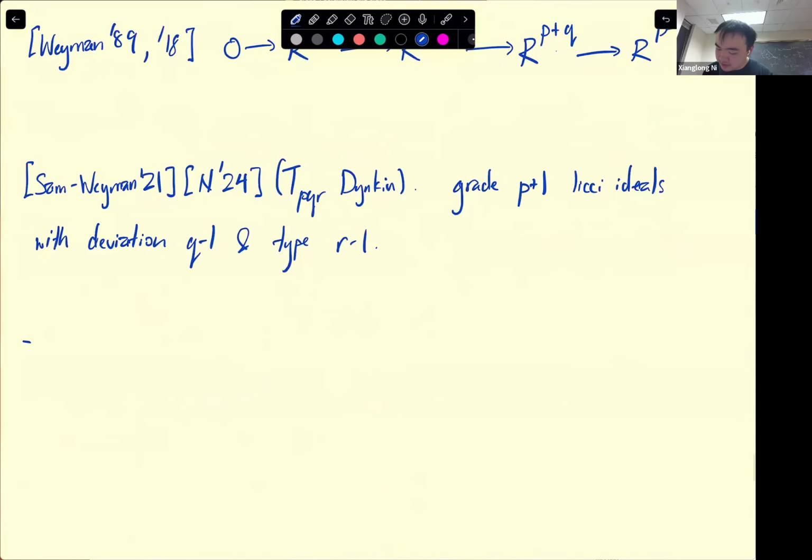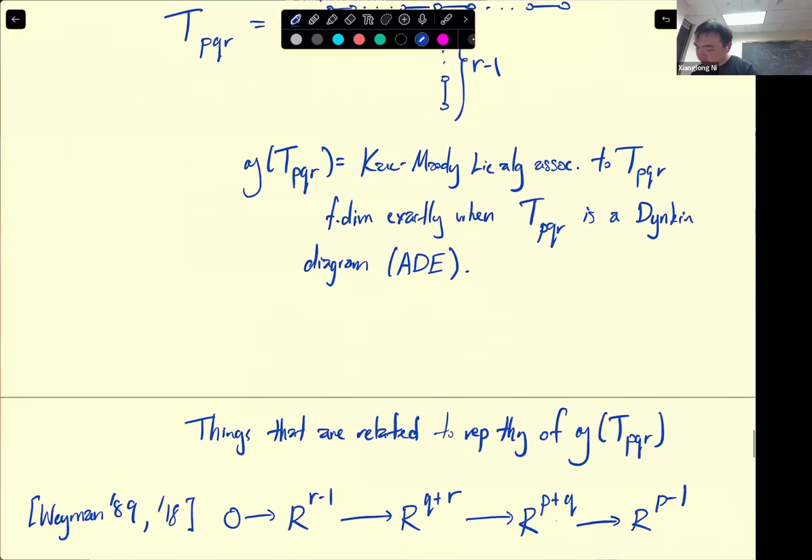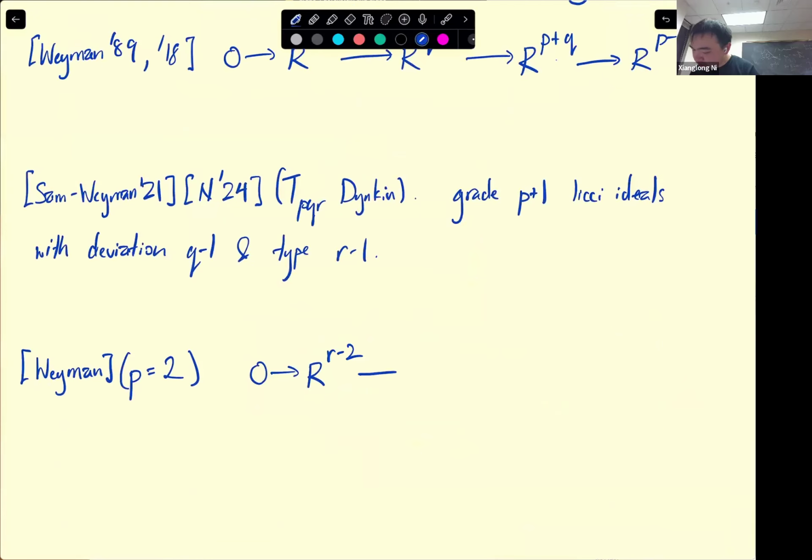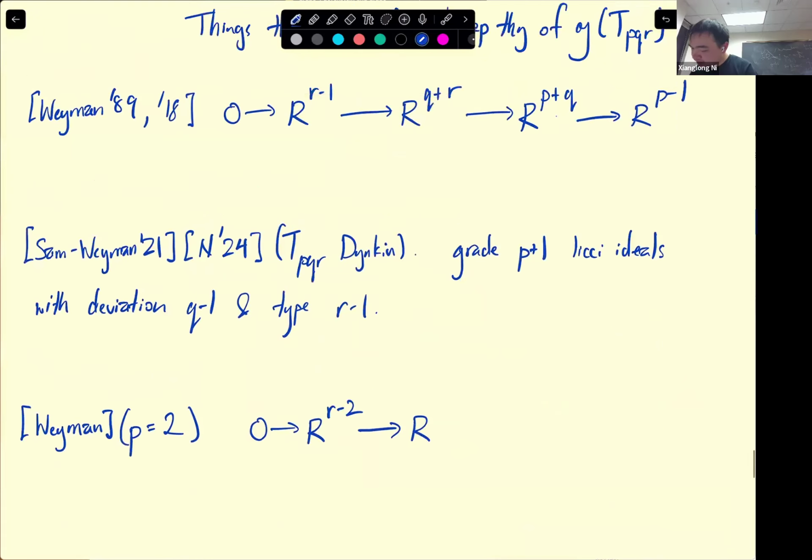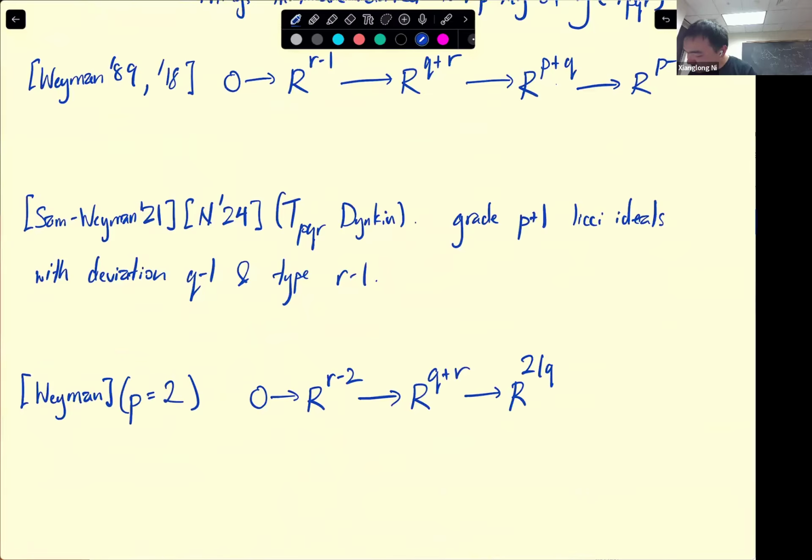This is R to the r minus 2, then R to the q plus r, then q minus 1, q plus 2, R to the 2q plus 2, R to the q plus r, R to the r minus 2.